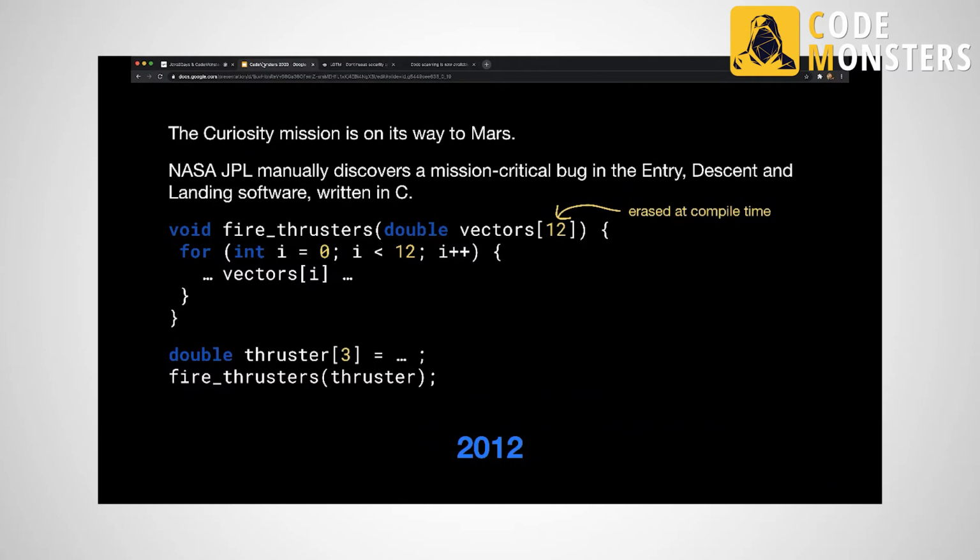So at runtime, there is no way for the function to know if the array passed into it is of this size, or larger, or shorter. This was the problem: the function was being called with an array containing only 3 coordinates instead of the 12 that were expected.